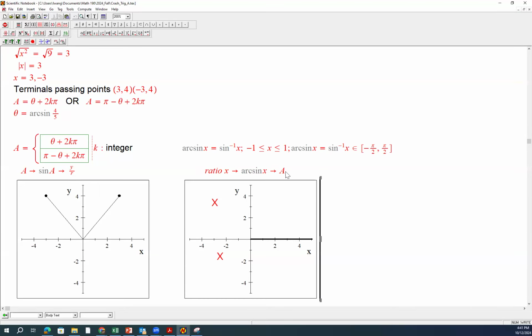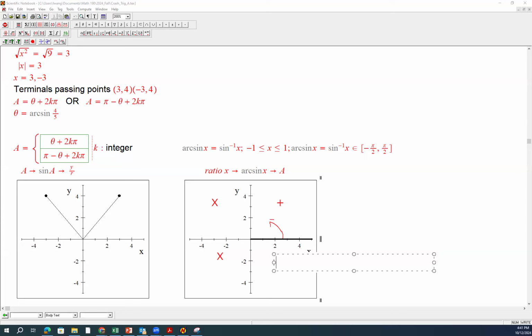So with arcsine, if the ratio is positive, the angle will be between 0 and pi over 2. So for positive ratio, the angle is going to be in the 1st quadrant, measured counterclockwise.